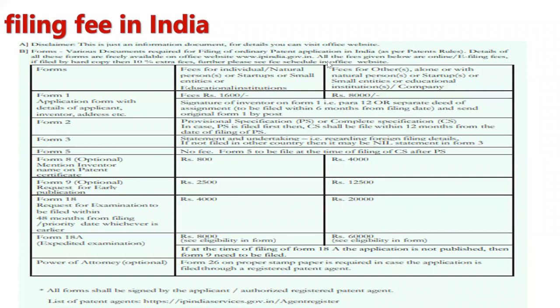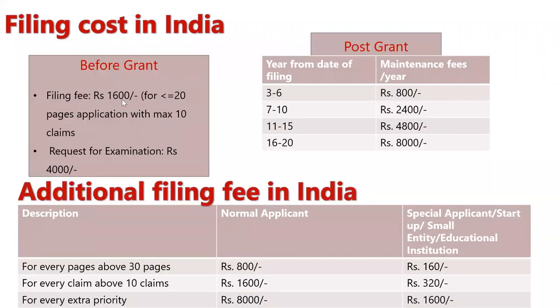But if you go in depth, you will find that before grant you have to pay 1600 for filing the application and 4000 for examination. So 5600 is visible before grant, but once the patent is granted, then you have to pay some maintenance fee.